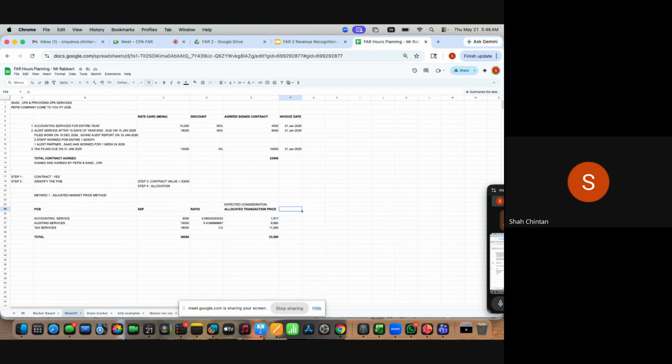What revenue will be recognized? Suppose accounting services you are giving over 12 months, so every month you are going to recognize revenue. This is either per month or a one-time revenue.